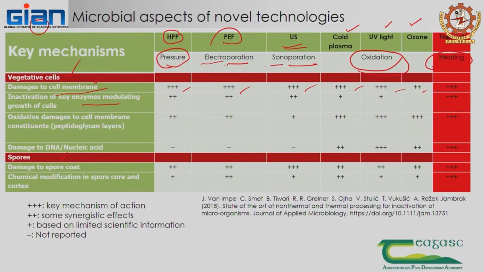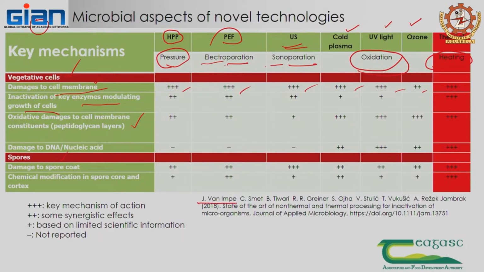Inactivation of key enzymes modulating the growth of cells. Oxidative damage to cell membranes. Plus, these are just arbitrary values reported in the literature, and I am obviously not the biggest microbiologist. Well, I know a bit of microbiology, but I am not an expert microbiologist.